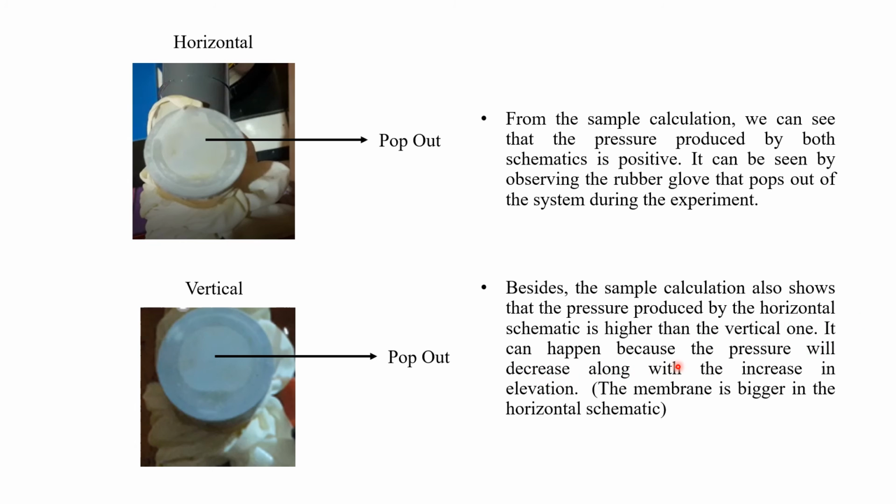It can happen because the pressure decreases along with the increase in elevation, and the elevation in vertical is higher than the horizontal. We can see that the pressure in horizontal is higher. We can see that the membrane is slightly bigger in the horizontal schematic. You can see that the pressure is up to this part, while the vertical only reaches this part.